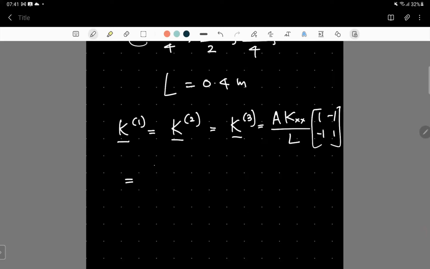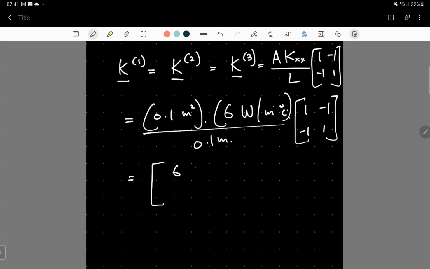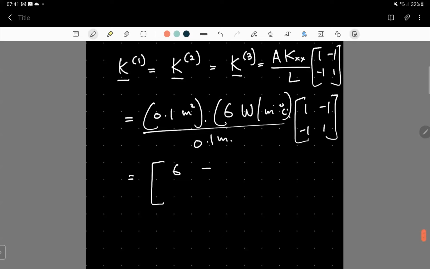So A is the 0.1 meters squared cross-sectional area, times K which is 6 watt per meter per Celsius degree, divided by the element length 0.1 meters, times [1 -1; -1 1]. The result would be [6 -6; -6 6] watt per Celsius degree.